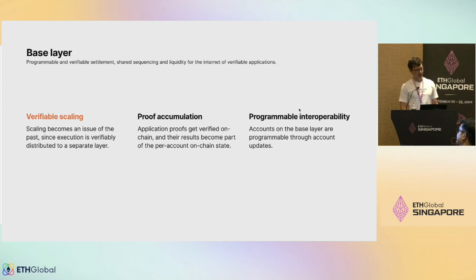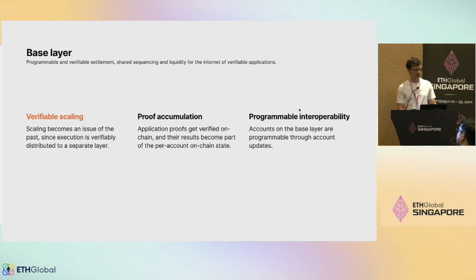Then coming to the base layer, which is the place where all of the application layers come together, where verification happens and where a few other things happen. Coming to the first one, verifiable scaling.